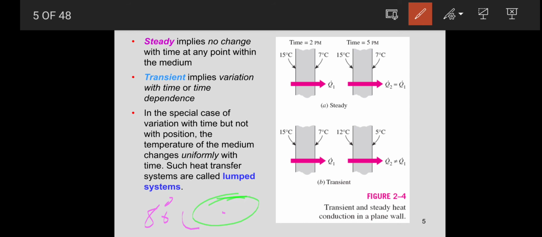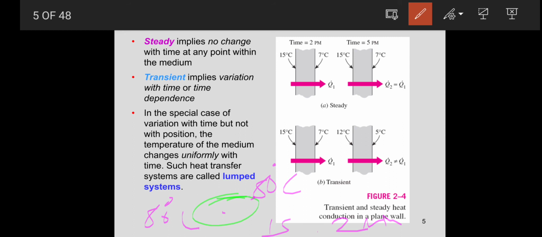Suppose this is a hot potato, and its center temperature is 80 degrees Celsius and the surface temperature is also 80 degrees Celsius at, say, 1 second. After some time, say 1 minute or 2 minutes, if the temperatures are changing but not changing according to position, that means there is no difference between the center temperature and the surface temperature.